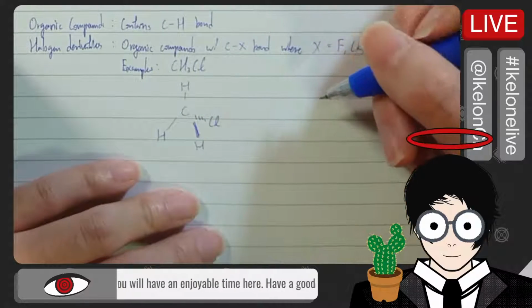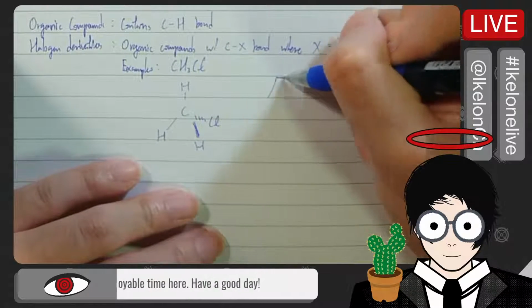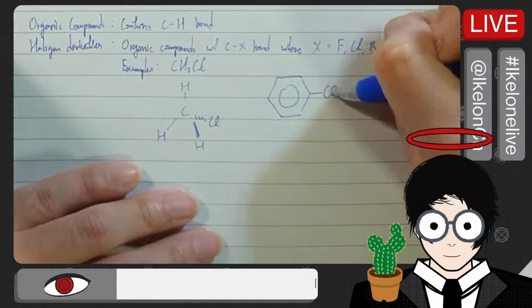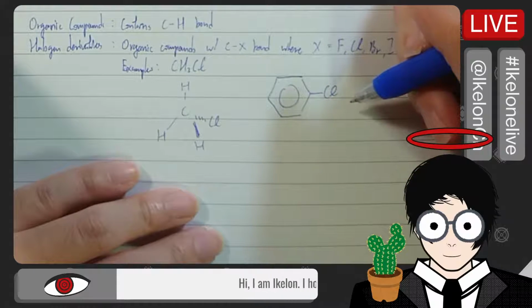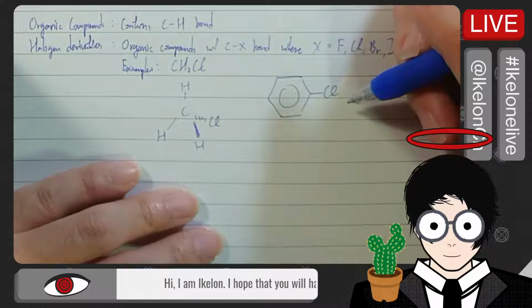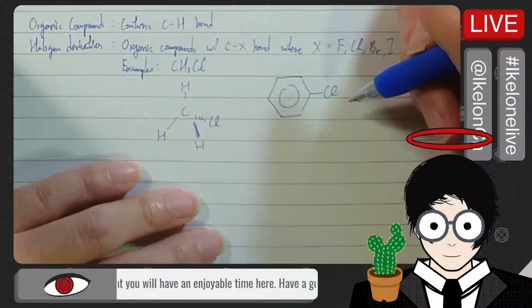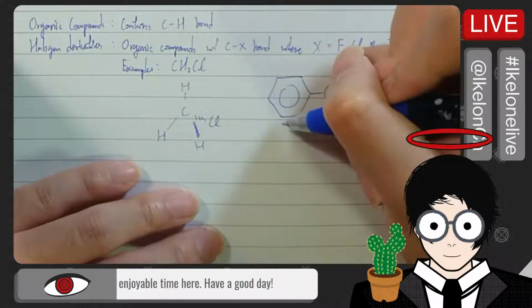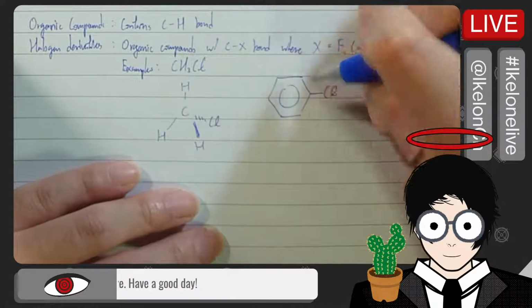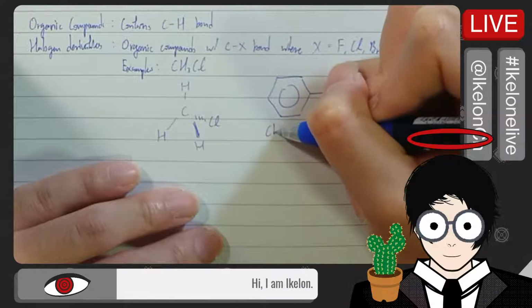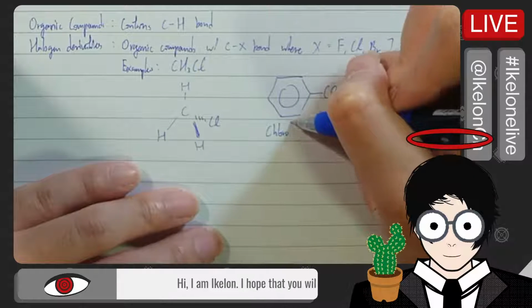Another possible halogen compound would be something like this. I think it's called chlorobenzene. I hope I'm not wrong. Chlorobenzene.